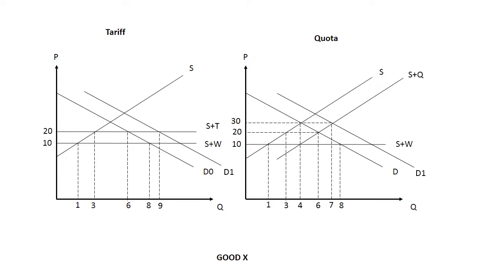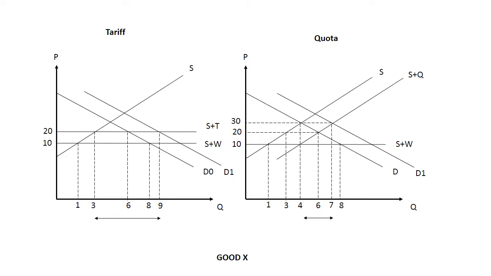Under the import tariff, the price remains the same at 20 ringgit. The number of imports for the tariff is 6 units of good X, while the number of imports under the quota remains the same at 3.